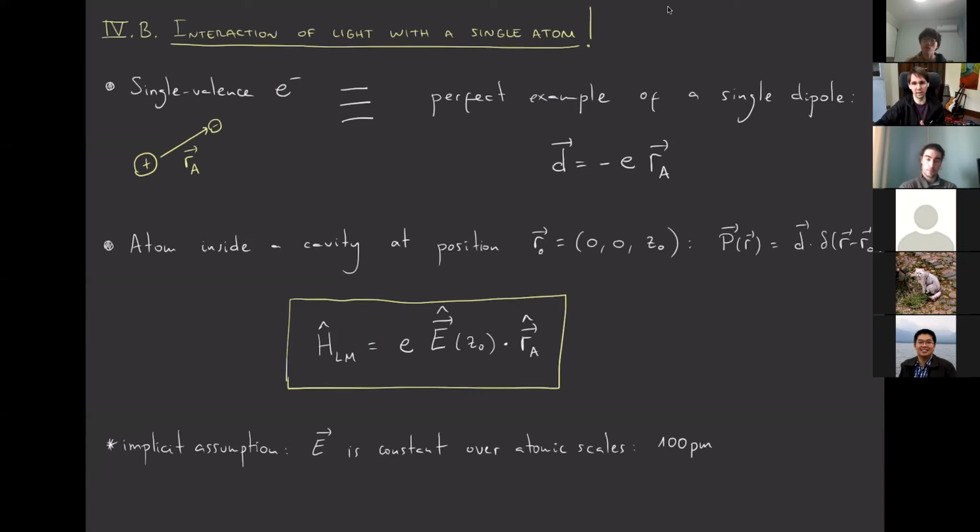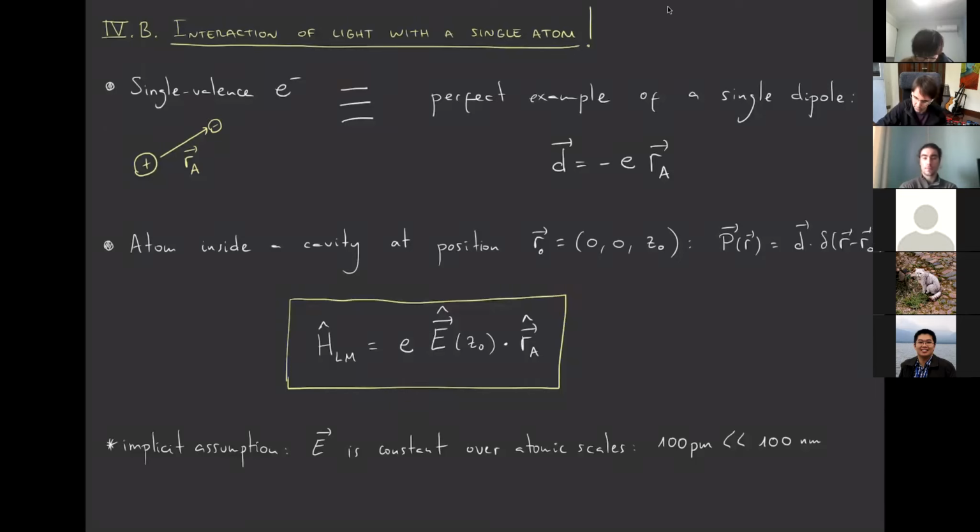And what are the typical scales over which you can observe a variation of an optical field? This is the wavelength, and the wavelength of the field is always around hundreds of nanometers. So you see that the atom is much, much smaller than the variation scale of light.